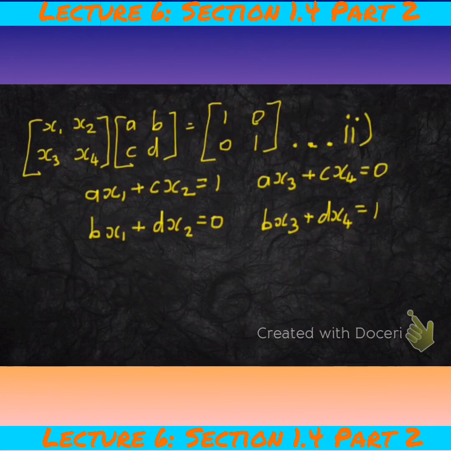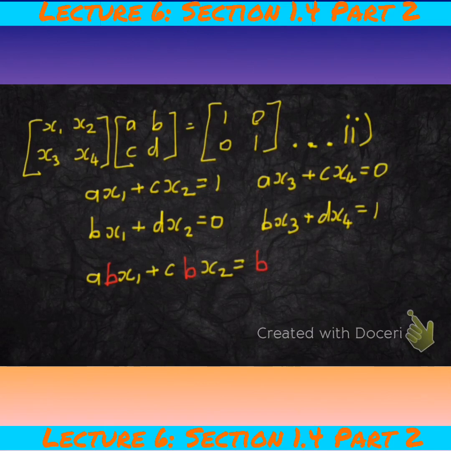From the first batch, I need to solve x2 and x3. So I want to cancel the x1s. I'm going to do that by multiplying the first equation through by b, so I get b there and b there.